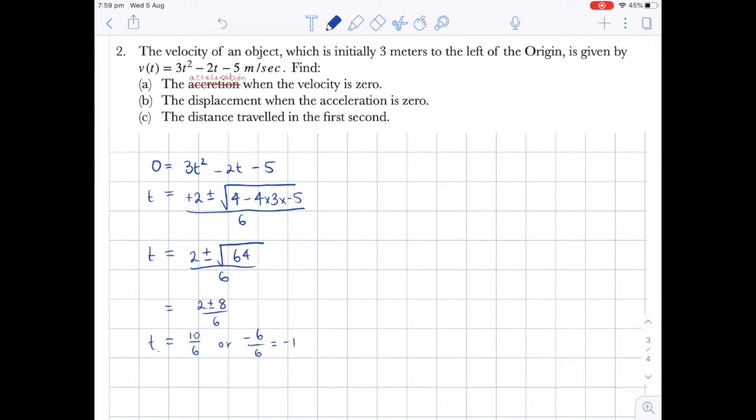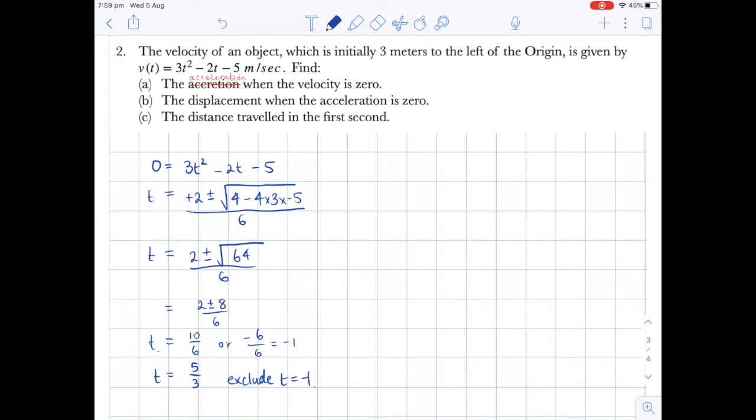Okay, now it's pretty fair to say that the time will not equal negative 1 seconds, so the solution that I need here is 5 on 3.